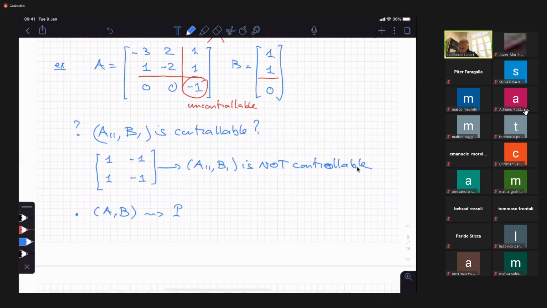The controllability matrix would be, for the full case, B, AB, A square B. This leads to 1, 1, 0, -1, -1, 0, and I think this should be 1, 1, 0.